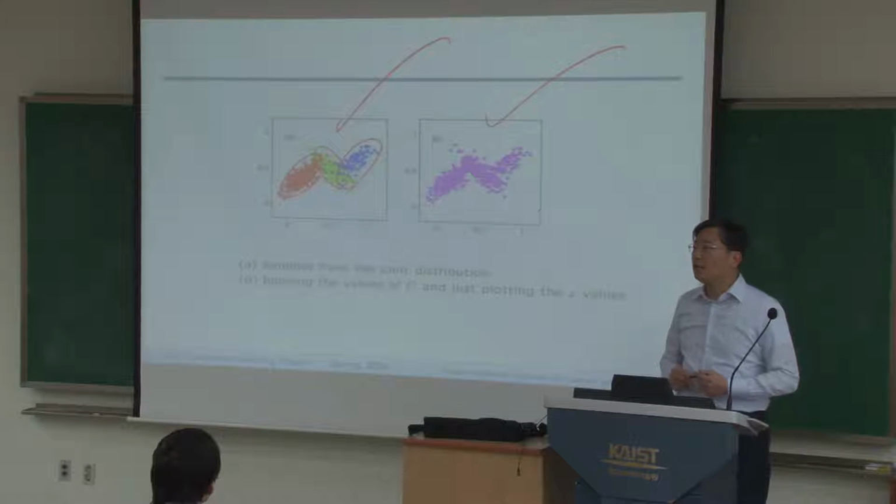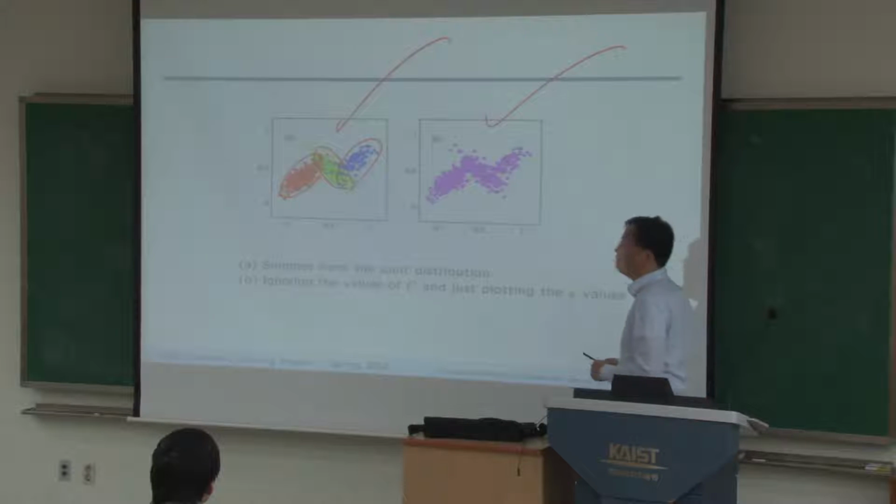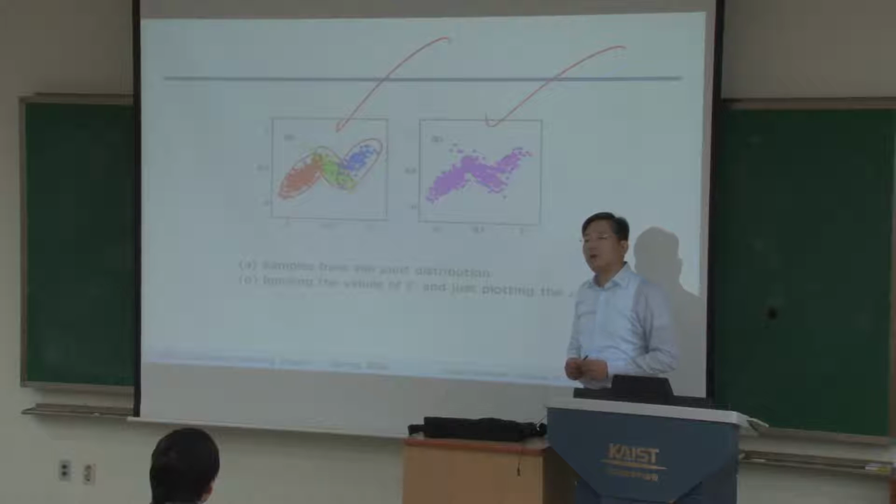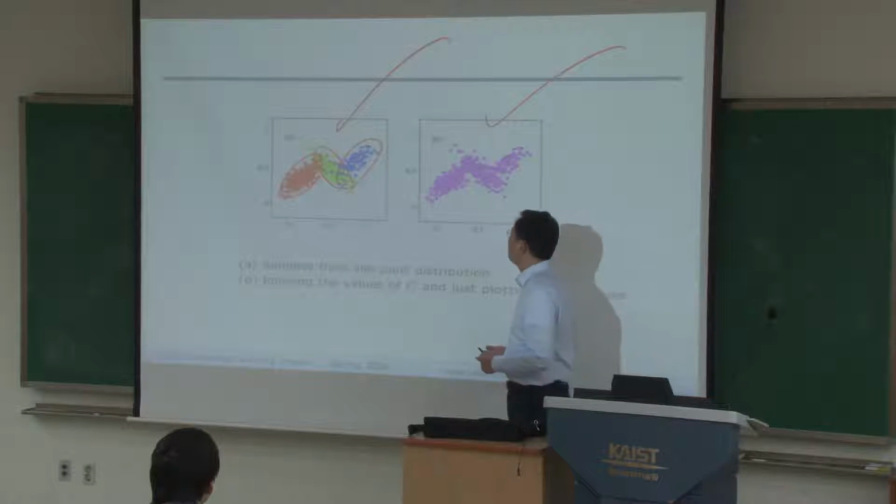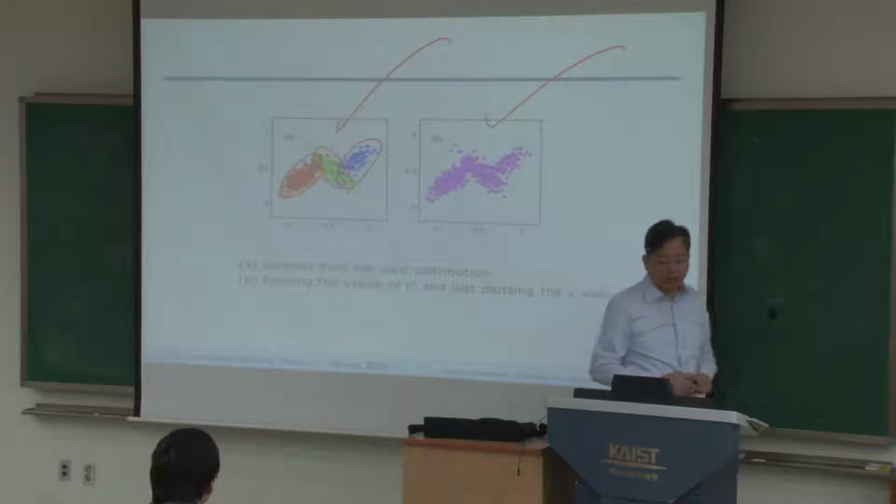Okay. And on this side, I have no color. I have no labels to tell me which Gaussian it came from. And I'm trying to model with three Gaussians.